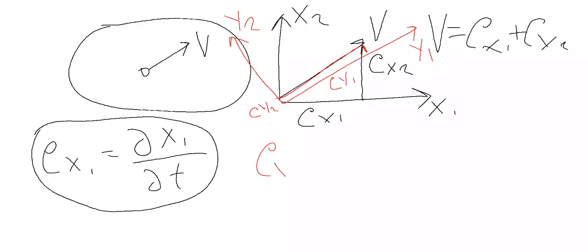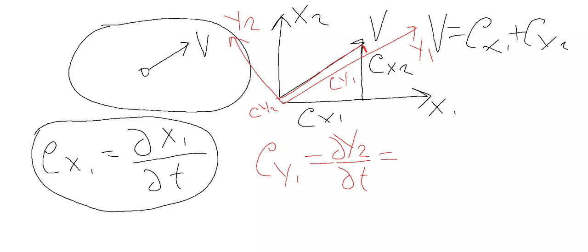cy1 component will be equal to the partial derivative of y1 with respect to time. And in order to show how these two components relate to each other, we need to use the chain rule.